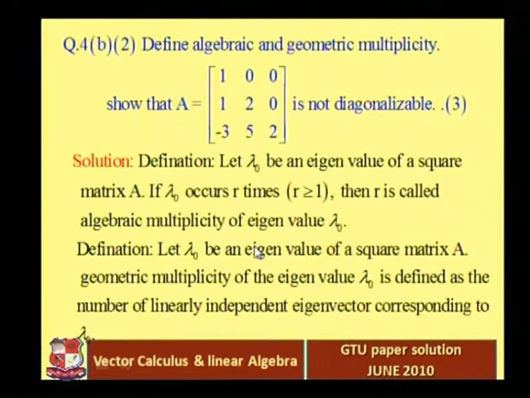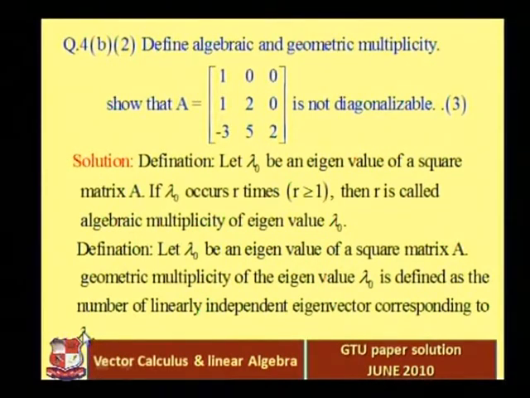Let lambda 0 be an eigenvalue of a square matrix A. The geometric multiplicity of the eigenvalue lambda 0 is defined as the number of linearly independent eigenvectors corresponding to lambda 0.